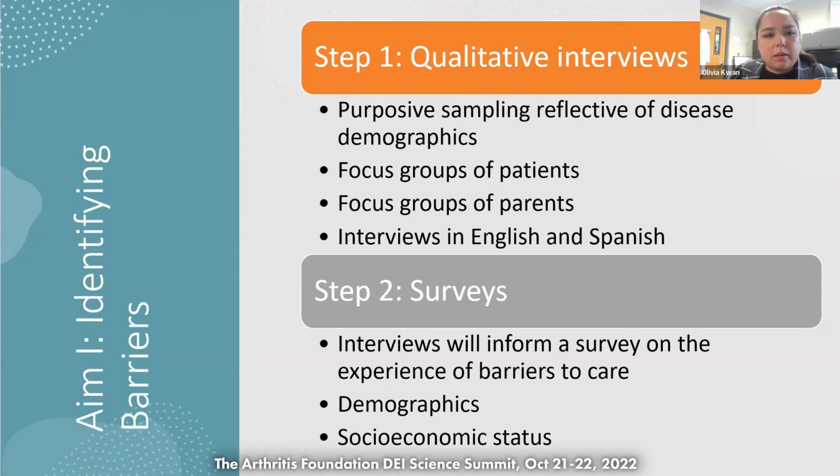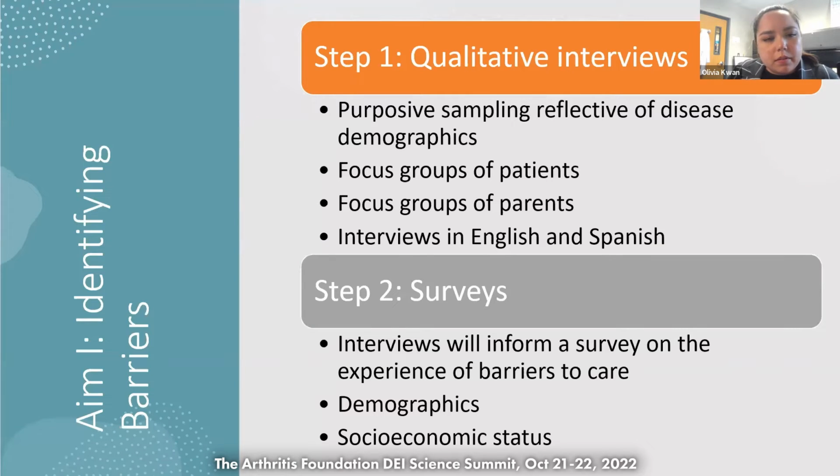So for our first aim, we are doing qualitative interviews. We did purposive sampling, hoping to recruit patients that would be more reflective of the disease demographics. We did focus groups of patients separately from focus groups of parents, and we conducted interviews in both English and Spanish.